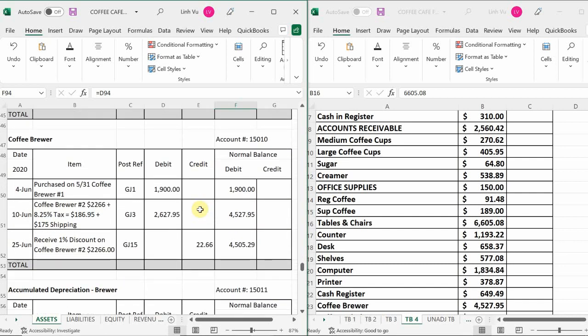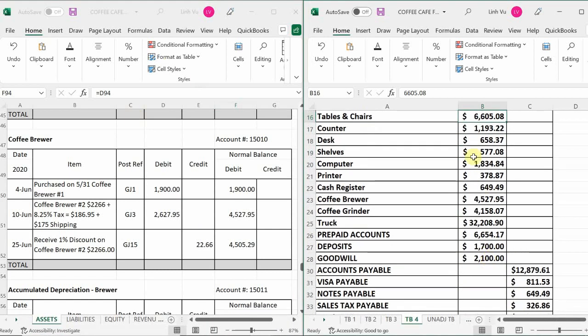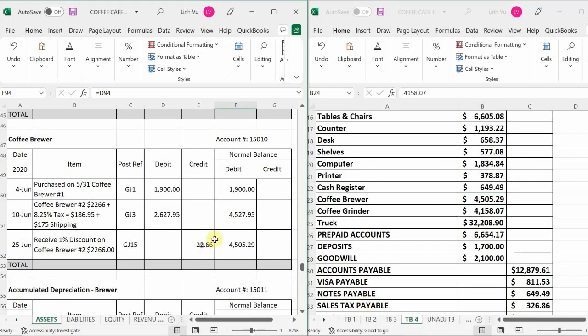Then we have our coffee brewers. Okay. Our coffee brewers is now at 4,505.29, right? Because we applied the discount. How much is my coffee grinder?